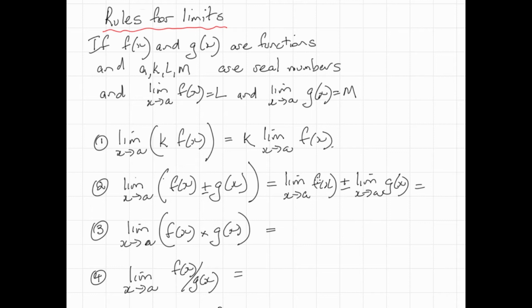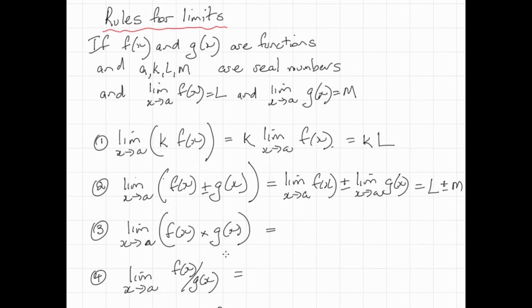And we know from up above that that is equal to L, plus or minus m. Okay, so what we could have written up here too is k, and the limit as x approaches a of f of x is equal to L, so that'll be kL.